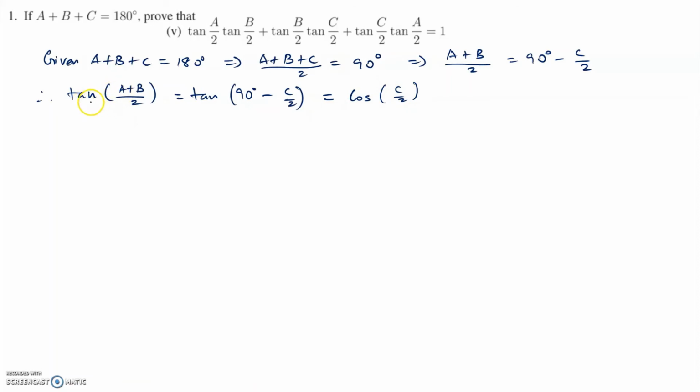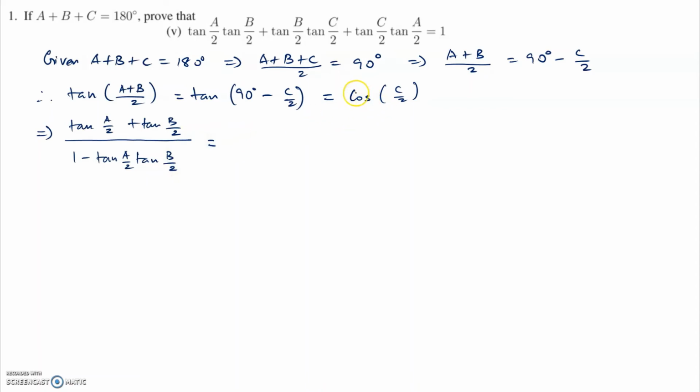Now let's replace tan (A plus B)/2 with the formula of tan (A plus B). So taking A as A/2 and B as B/2, the left hand side will now become tan A/2 plus tan B/2 divided by 1 minus tan A/2 tan B/2.